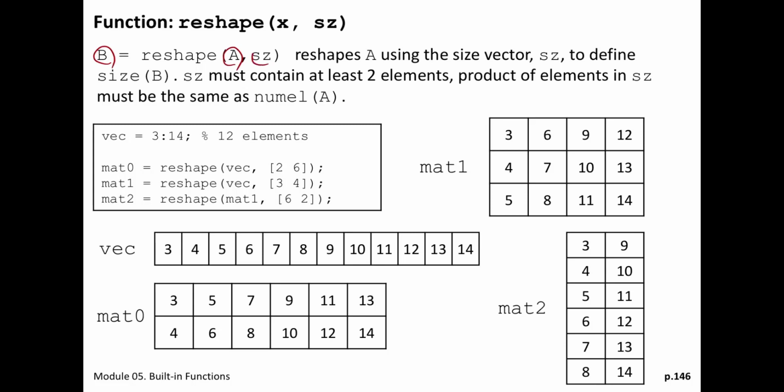So the number of elements in this size should be the same as the number of elements in A. In this case, the vector is a 1 by 12 row vector. So you can reshape it to 2 by 6, 3 by 4, or even 6 by 2. But the placement of values is in a linear indexing order.